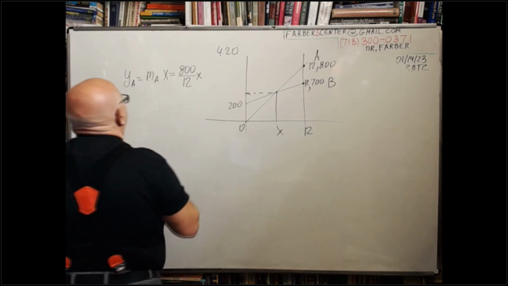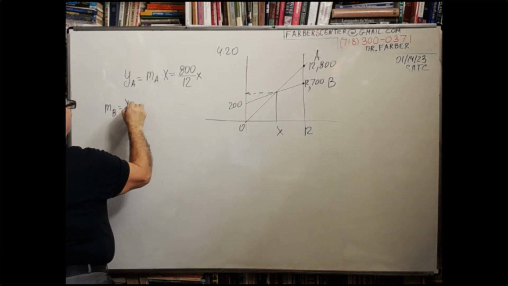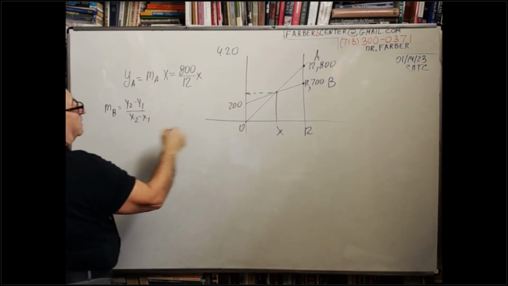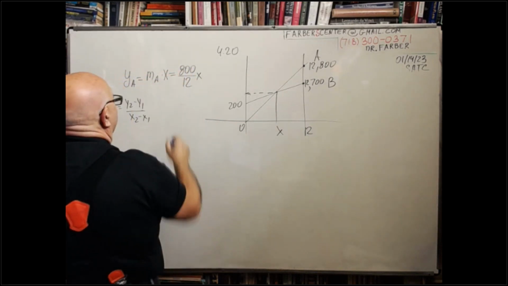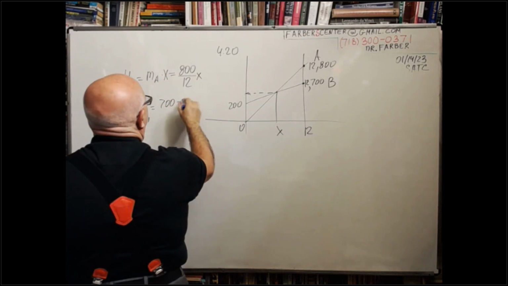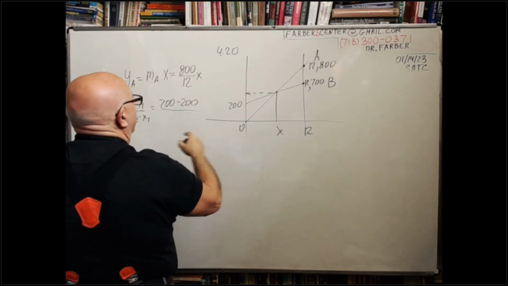Now how to find MB? Y2 minus Y1 over X2 minus X1, because it doesn't go through 0. It would be 700 minus 200 divided by 12 minus 0.